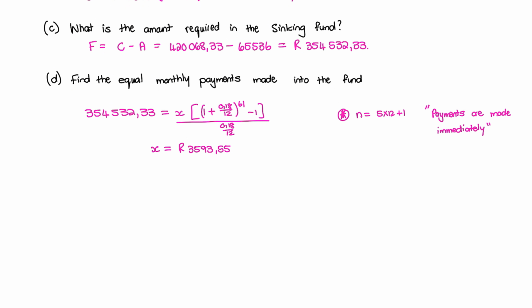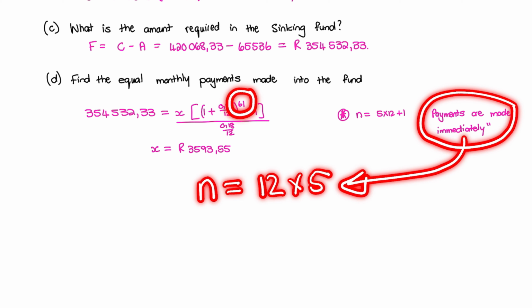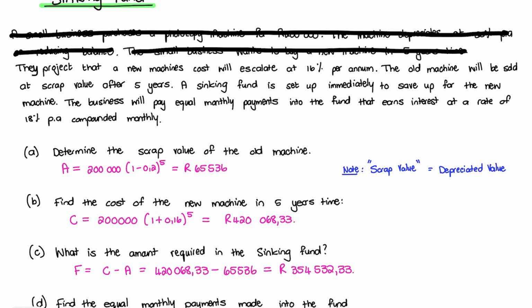And what I want you to notice is that this is in 5 years' time. So n is 12 times 5, which is 60. But you see here we have 61 because the question said payments are made immediately. So let me show you that again. If we go into reading the question, it says a sinking fund is set up and payments are made immediately.